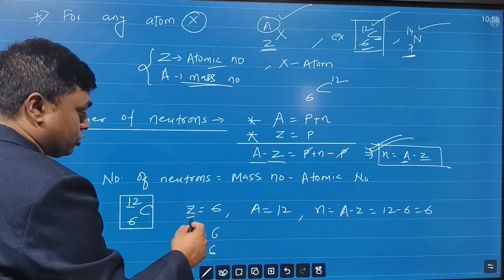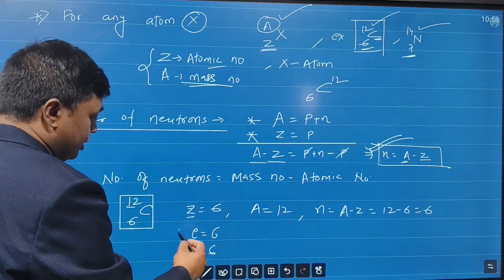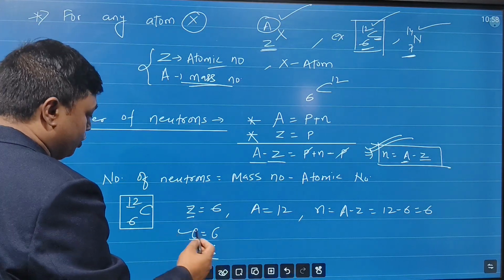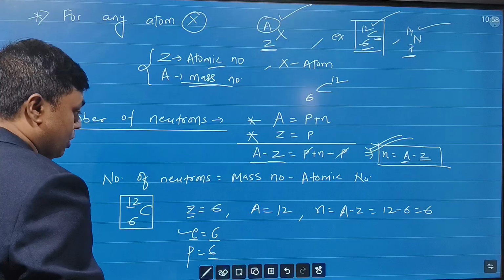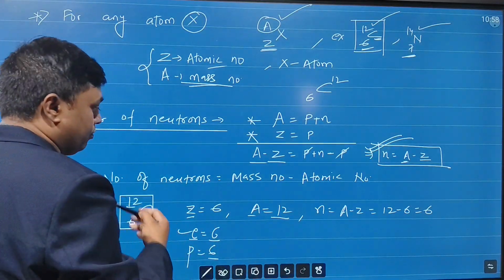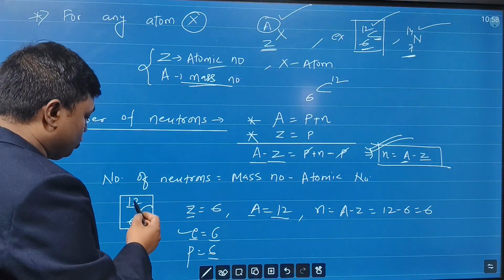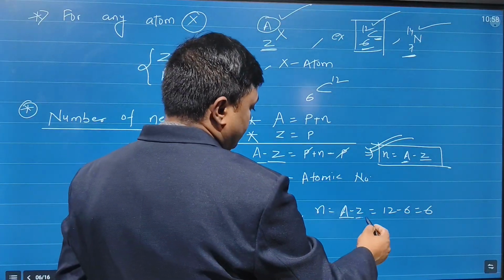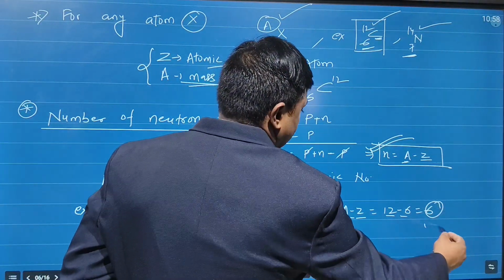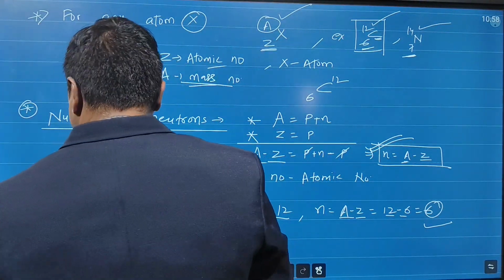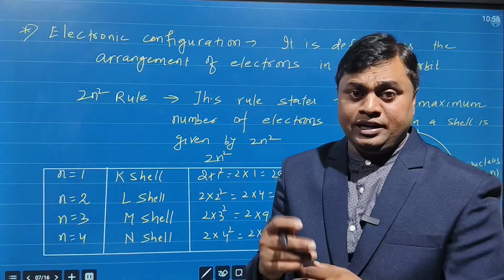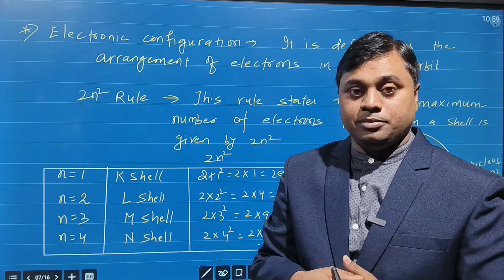As atomic number is 6, Z is 6, so the number of protons is also 6. It is a neutral atom, so the electrons are also 6. What about the mass number? Mass number is 12. How many neutrons are there? 12 minus 6, that is mass number minus atomic number. 12 minus 6 is how much? 6 only. Like that, questions will be asked in the exam.